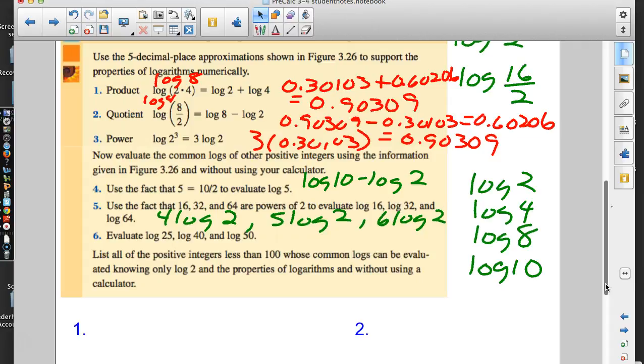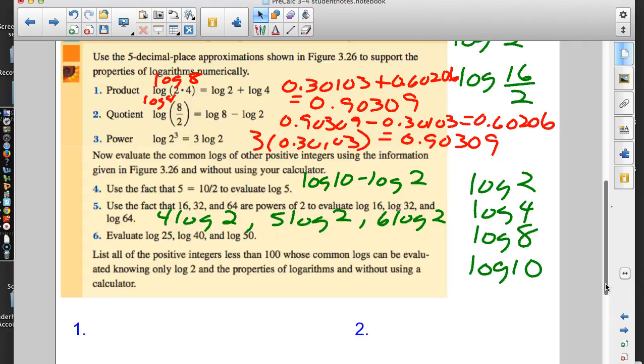You could do that. You could use this one from in front. Well, yeah, we could just add that. We could add the log of 2 because 2 times 25 would be 50. Yeah, we could do that. So you could use one of your previous answers.